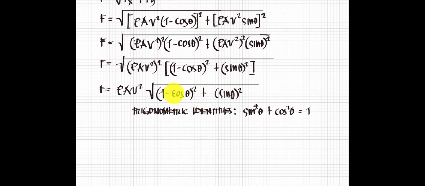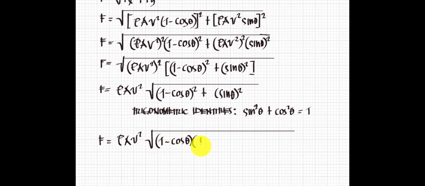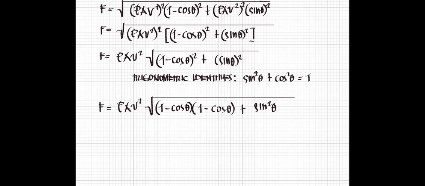So first things first, we need to expand yung equation na ito. So expanding that one, we have your force is equal to your density, area, velocity squared, so we have the square root. So that will be 1 minus your cosine of theta, that will be multiplied by 1 minus your cosine of theta, then plus your sine squared of theta.